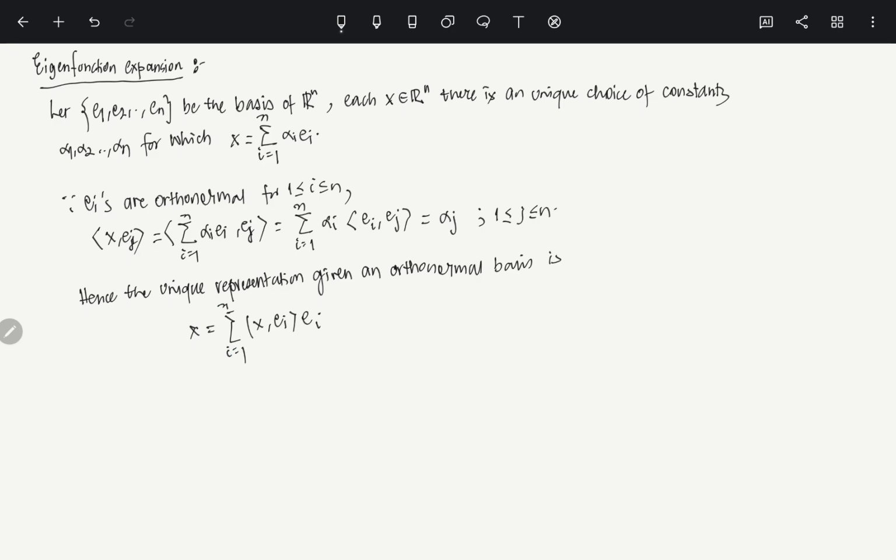Clear? So that's your unique representation, and that's how you write any element x in terms of its orthonormal basis. Now we want to generalize this idea.